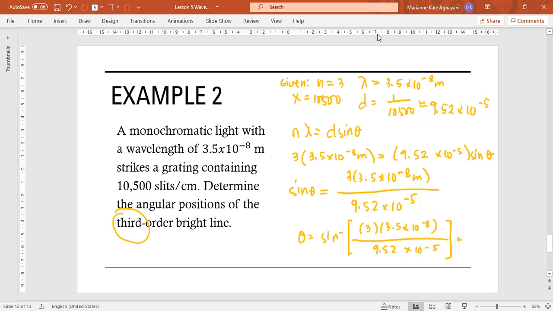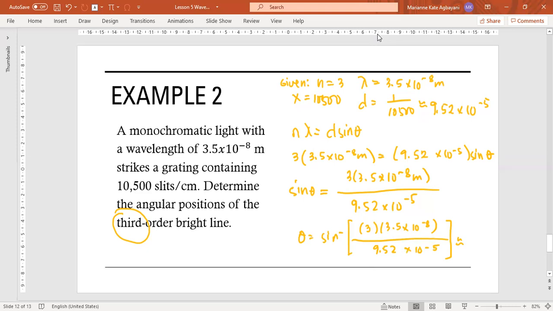So this is approximately sine inverse of 3 times 3.5 times 10 to the negative 8 all over 9.52 times 10 to the negative 5.